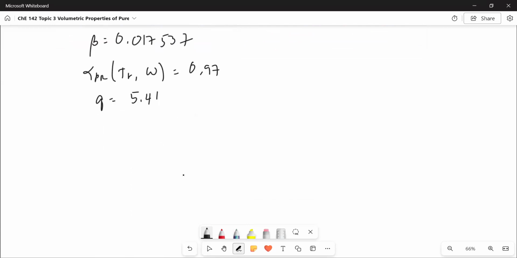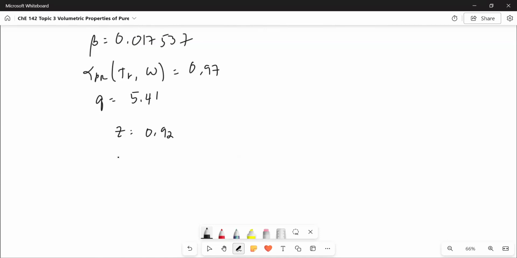And what you will get for Z is, Z converges. So the gas value can be 1 for ideal gas, Z is 0.92.